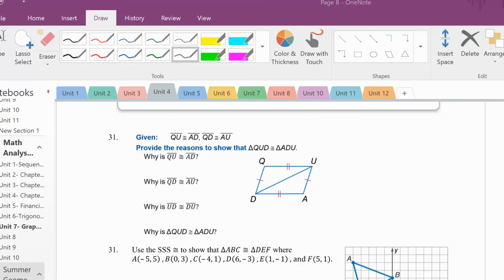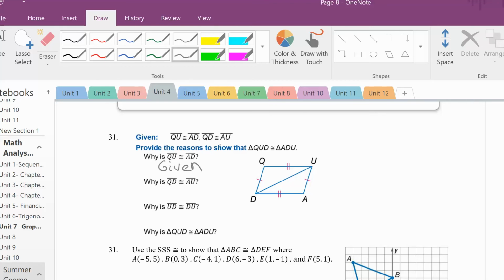it says given QU is congruent to AD and QD is congruent to AU. So those are marked. And it says provide the reasons to show that triangle QUD is congruent to triangle ADU. So why is QU congruent to AD? Well, they gave it to you.